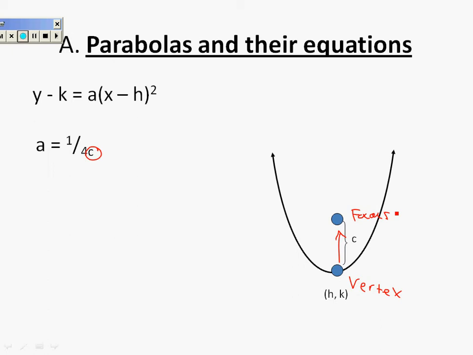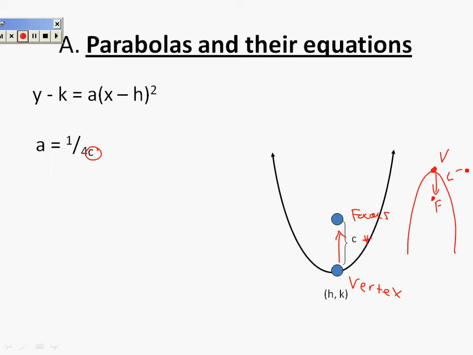If the distance from your vertex to your focus is going upwards, then that would be positive. Okay? C would be positive in that case. Now, if we had a sad face parabola, then I'd have to go from my vertex to my focus by going downwards. In that case, my C would be a negative number. Okay? And that's going to help you determine whether A is positive or negative. So that is the parabola and its equation.